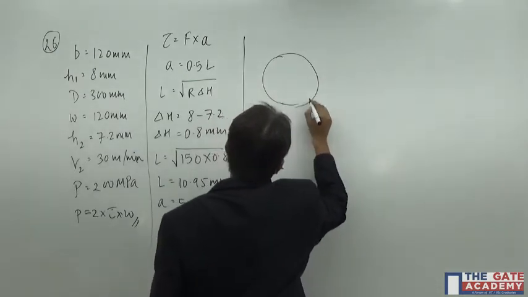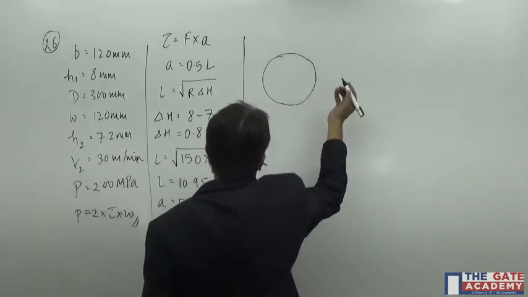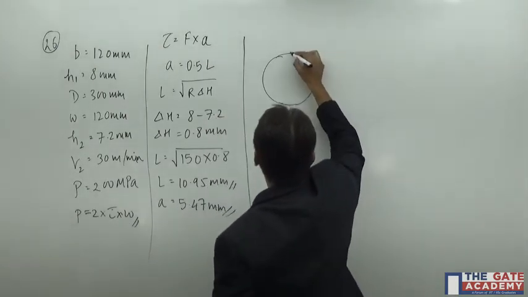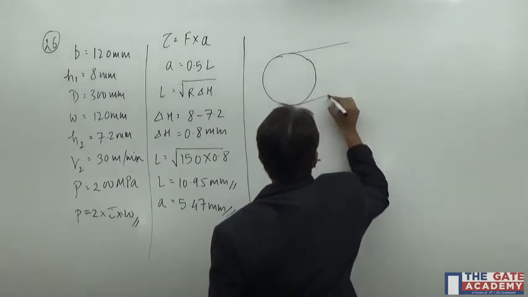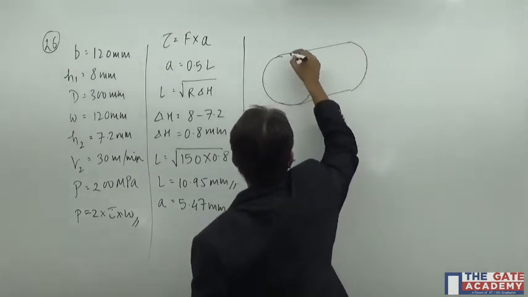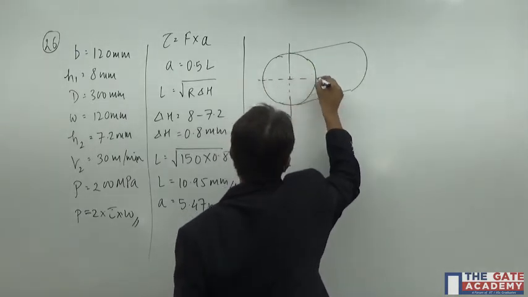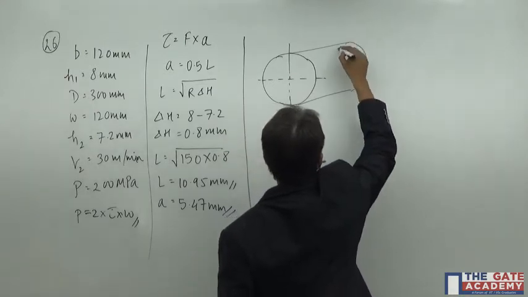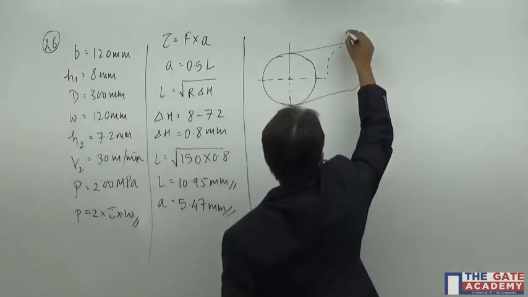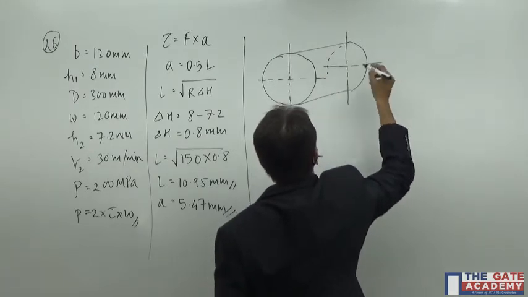Suppose, let's say, this is the roll, and if you want to see it in 3D, it is going to be something like this, alright? And where this is the center, like this, right?